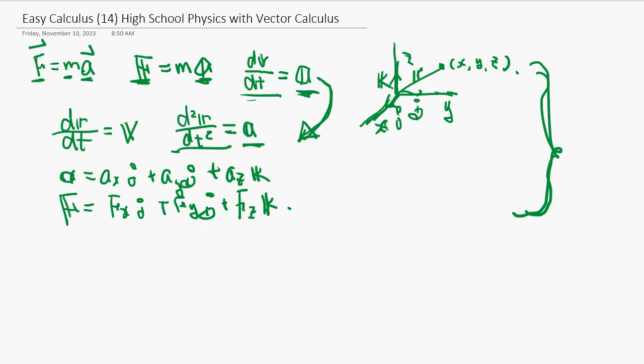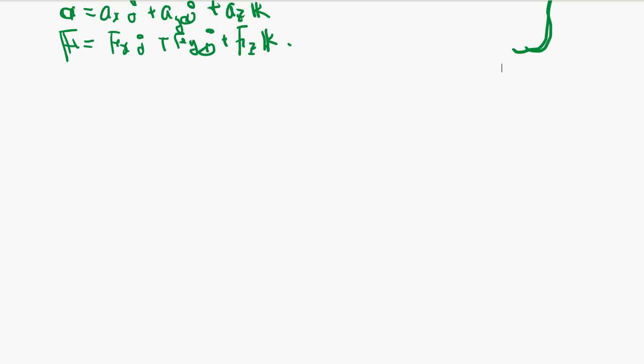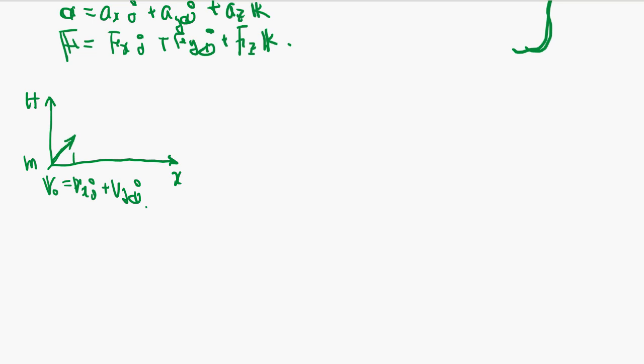Now, what is great about using vectors? For example, you have the x direction and the height. You shoot an object of mass m at the initial vector v0. The v0 is vxi plus vyj, right? So this goes like that.